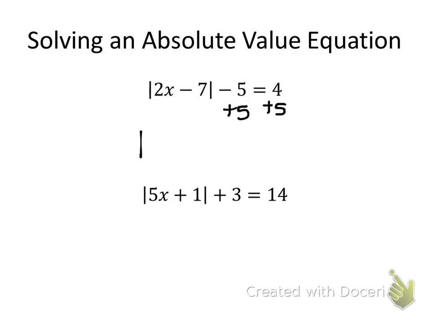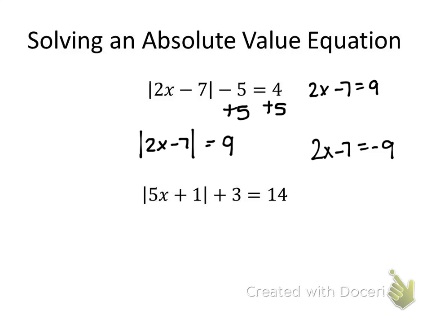Then I have the absolute value of 2x minus 7 is equal to 9. Now I can drop the bars and write it twice. So let's write 2x minus 7 is equal to 9, and 2x minus 7 is equal to negative 9.